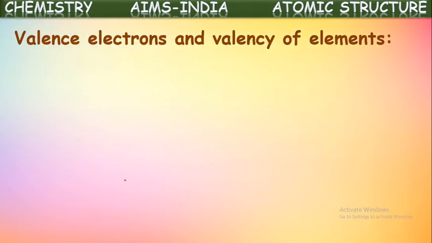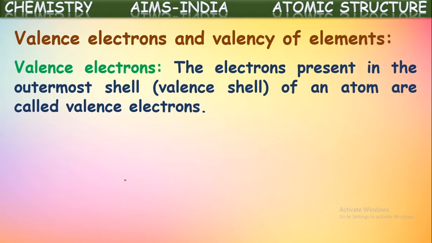Next, valence electrons and the valency of the elements. First, let us say what valence electrons are. The electrons present in the outermost shell of an atom are called valence electrons. An atom may have many orbits. The electrons present in the last orbit or valence orbit of an atom are called valence electrons.